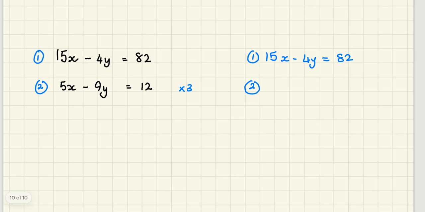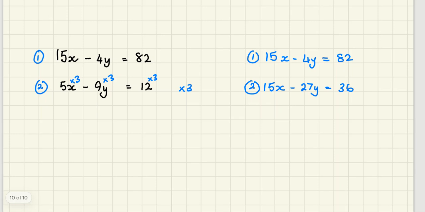So if I'm doing number 2 times 3, that would be 5 times 3 gives me 15x. Minus 9 times 3 gives me negative 27y, and 12 times 3 gives me 36. So be careful that you do multiply all 3.